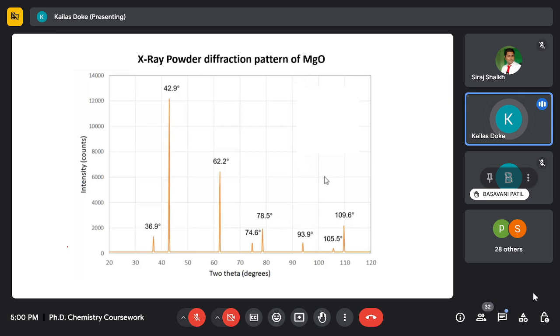Is it okay till Saturday? Yes, sir. So convert 2 theta into theta, then 1000 into sine square theta, divide by the common factor, then h square plus k square plus l square, then the hkl Miller indices.